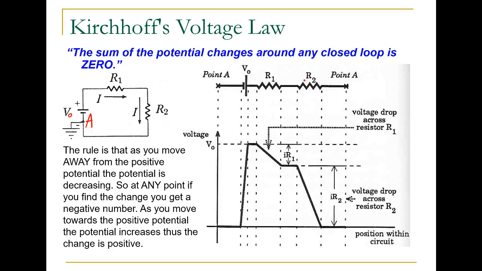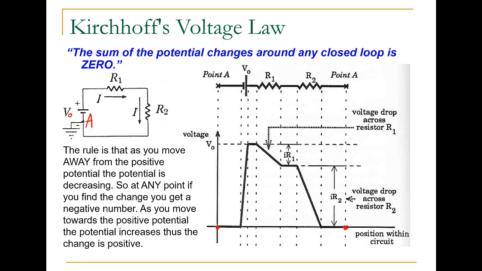Then, as we go through resistor R2, we get a second voltage drop equal to IR2. And notice that we model this, that going through a wire, you don't have any voltage drop. And that's pretty close to accurate. We try to get wires with very, very low resistances, so we don't really lose any energy. But by the time that we've arrived back at point A, we should have zero potential once again. So we start at zero and end at zero.